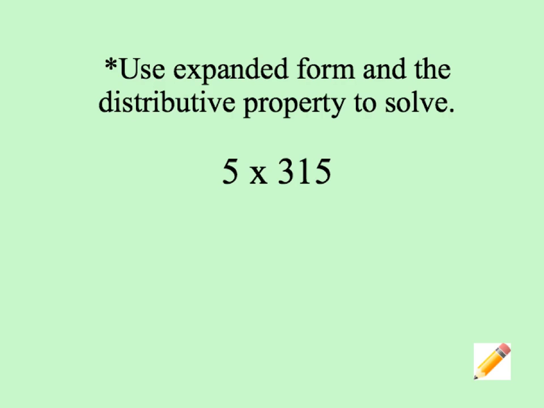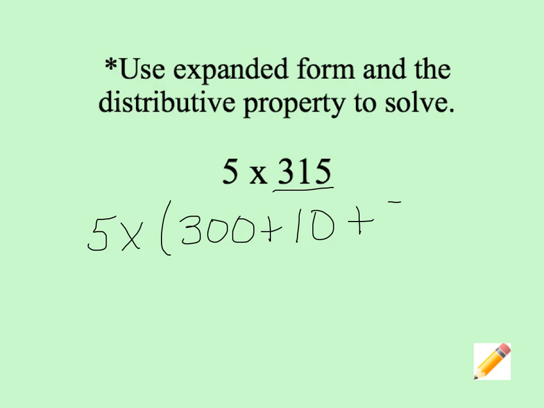Okay, let's try one more together. We're going to use the expanded form and the distributive property again to solve 5 times 315. So I am going to first think of this as 5 times, and now I'm going to break 315 up into expanded form. 300 plus 10 plus 5.